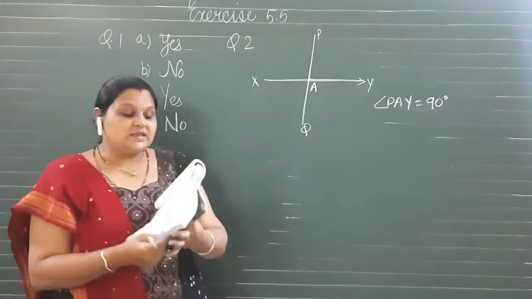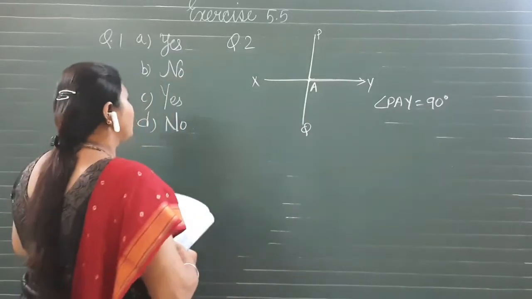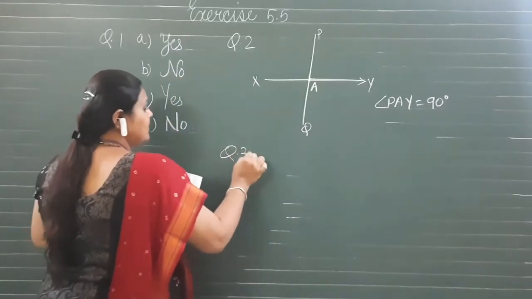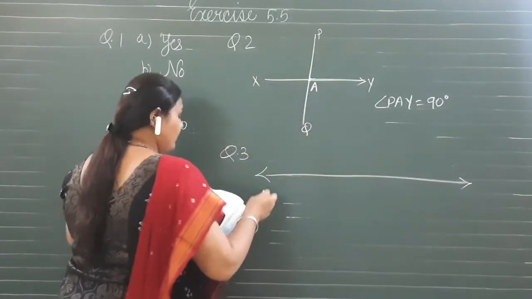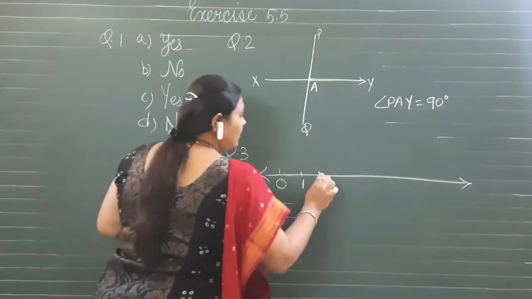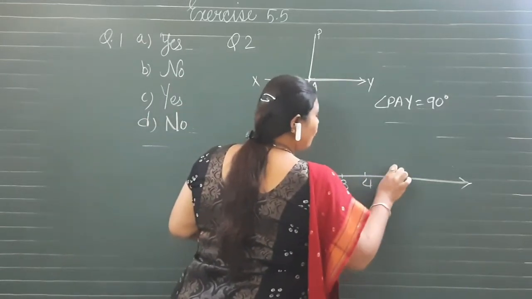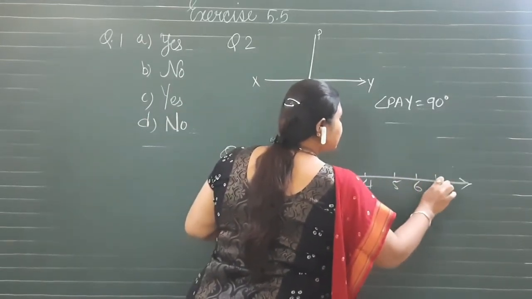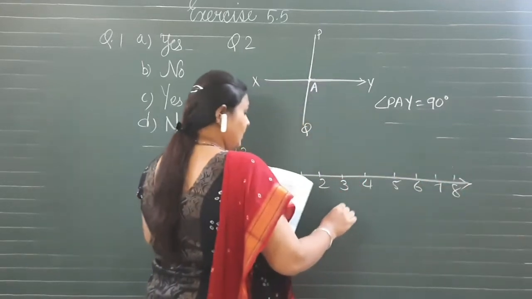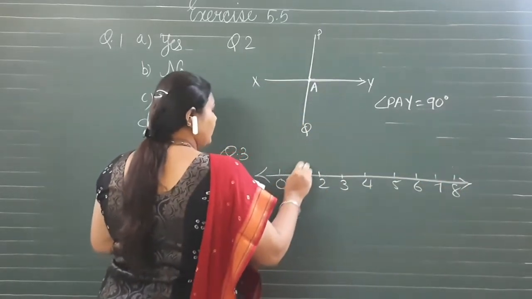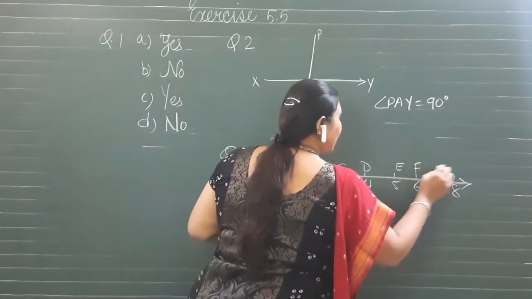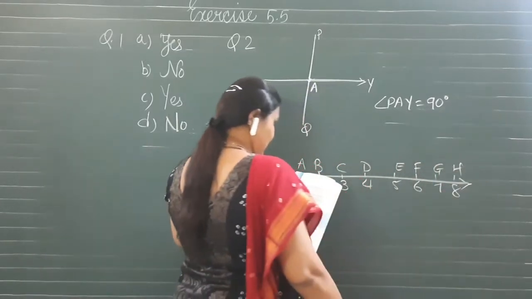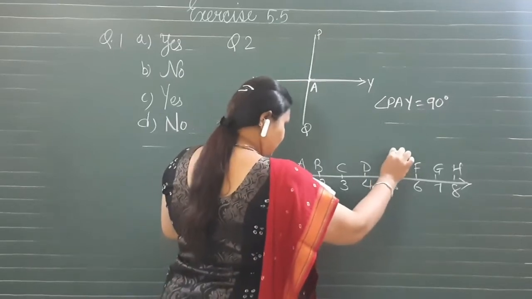Is CE equals EG? Now here you are given a line. Let us draw it: 0, 1, 2, 3, 4, 5, 6, 7, and 8. It is A, B, C, D, E, F, G, and H. It intersects at point E.